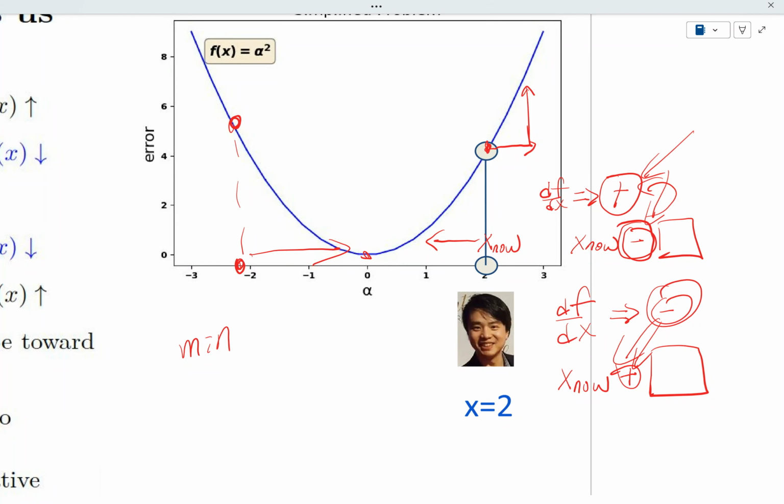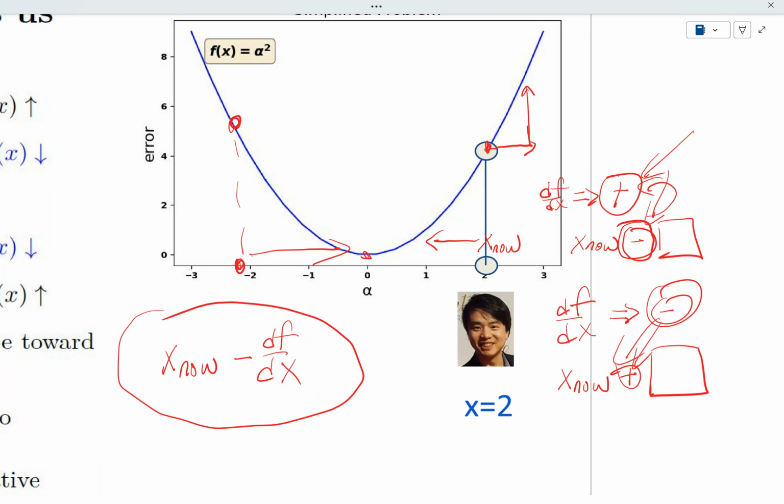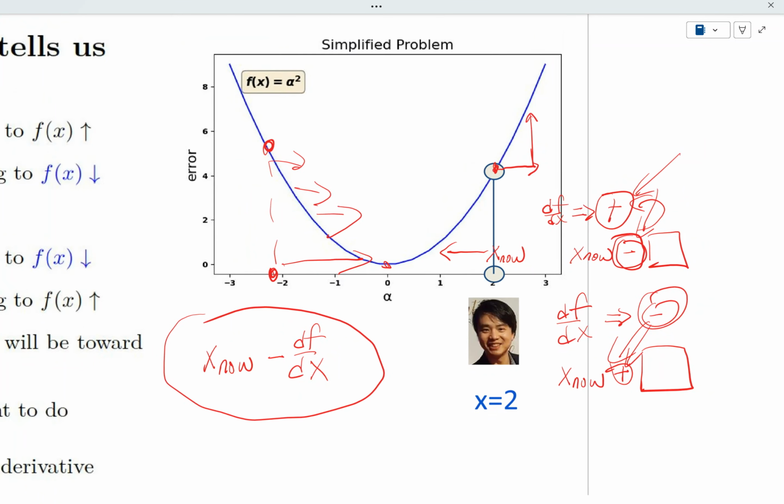So gradient descent is something like the current location, your current guess, minus the derivative. Whatever the derivative is, you do the minus of it, implying the opposite direction. And this will allow you to incrementally get closer and closer. Or does it? Well, let's give it a try.